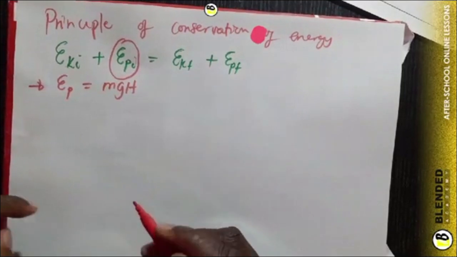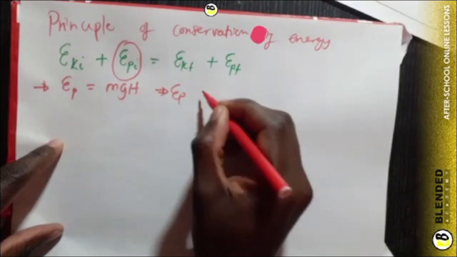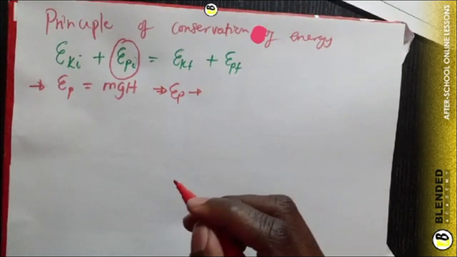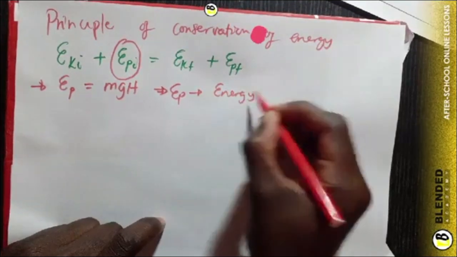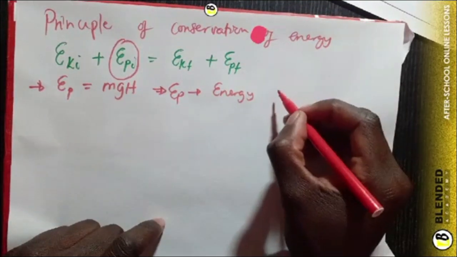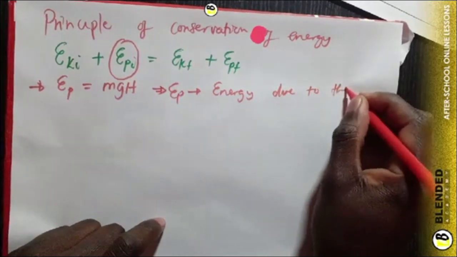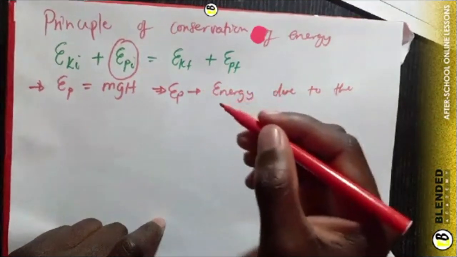It's the energy due to the object's height, due to the height above a certain reference level. So that's your potential energy.